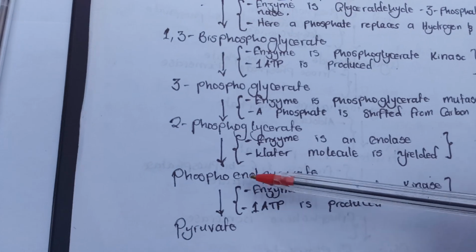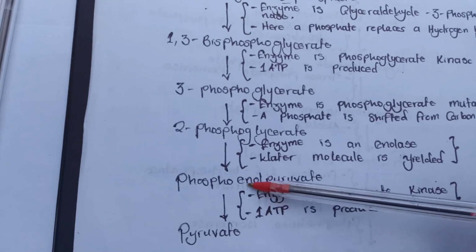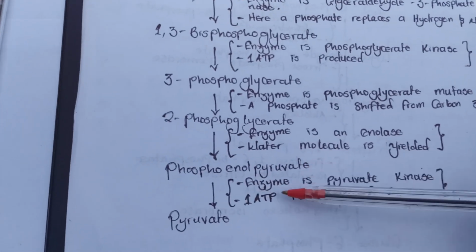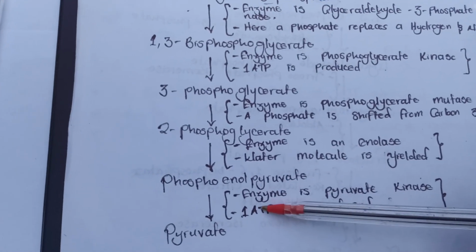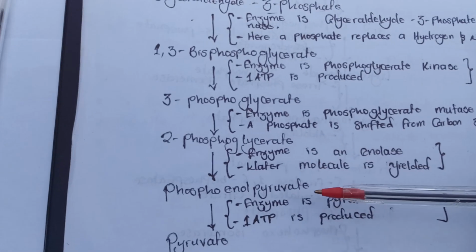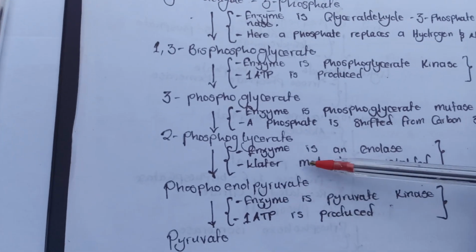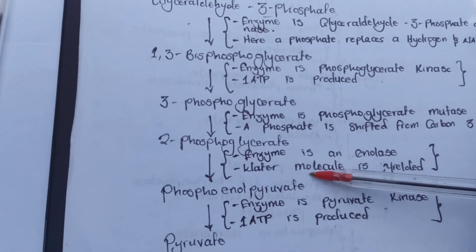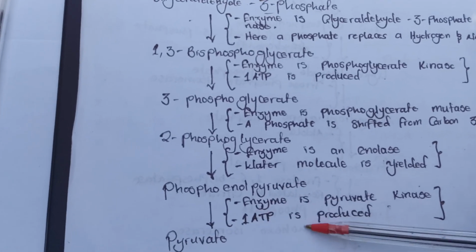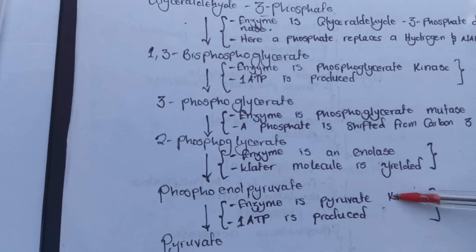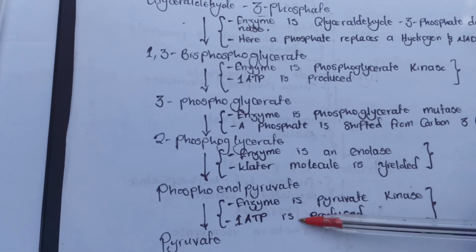Then the last step involves phosphoenolpyruvate being converted into pyruvate. We remove a phosphate from phosphoenolpyruvate, and when we remove a phosphate, we are producing 1 ATP. So pyruvate kinase is involved in this step.